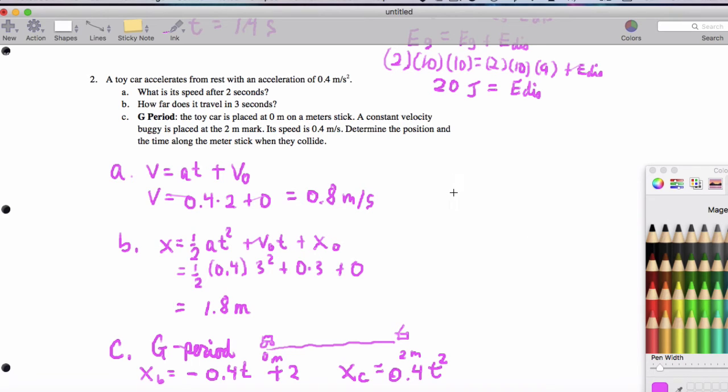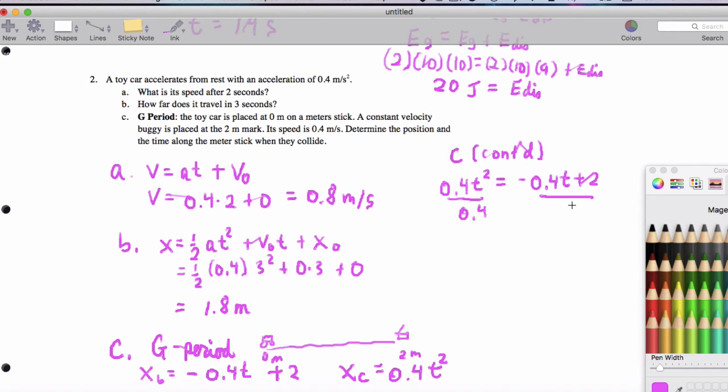So let's say now they're going to meet at the same position in time. This is part C continued. So we get 0.4 t squared equals negative 0.4 t plus 2. They meet at the same position in time; that's what a collision means. I'm going to simplify the algebra by dividing both sides by 0.4.